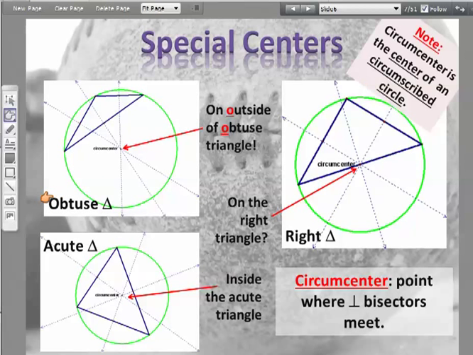So when you have an obtuse triangle, your circumcenter is going to be outside the triangle. So if it's obtuse, it's outside. If you have a right triangle, your circumcenter will always be on the triangle. And then when you have an acute triangle, your circumcenter will always be inside. And now these dashed lines, every one of them represents a perpendicular bisector.